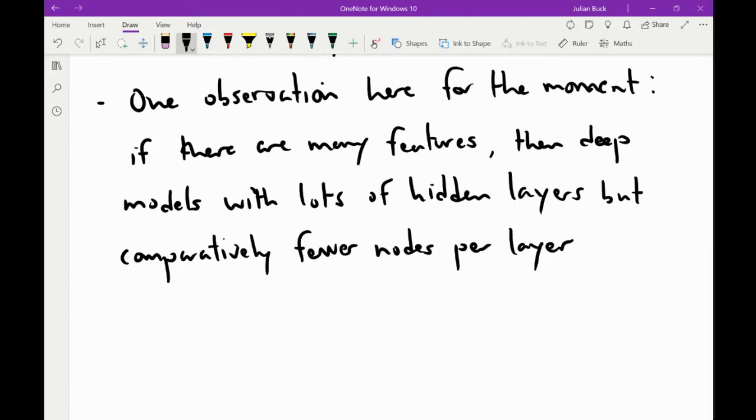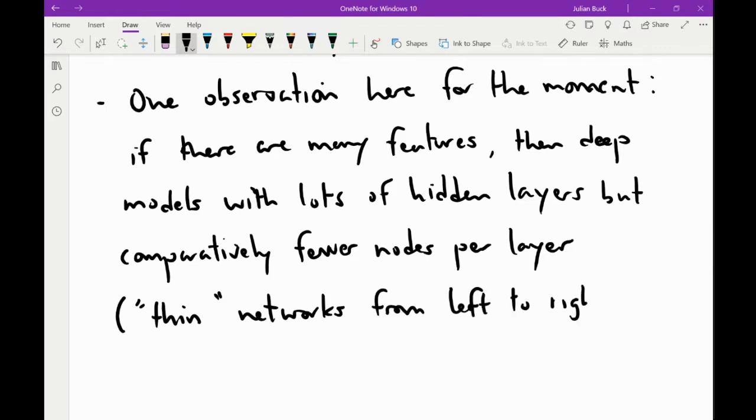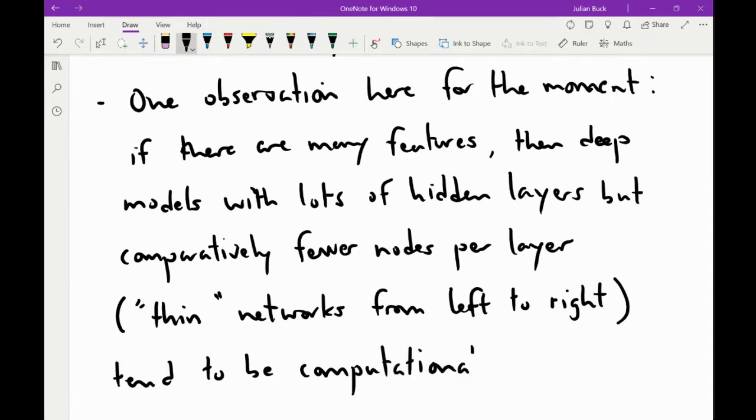If you think about the deep neural network as running from left to right, it's going to be long left to right, but thin vertically, right? Because you're not going to have that many nodes at each layer. This isn't at all a term that gets used, it's just the way I think about them: thin networks from left to right, viewed the way we've been visualizing them so far. These tend to be computationally more efficient.